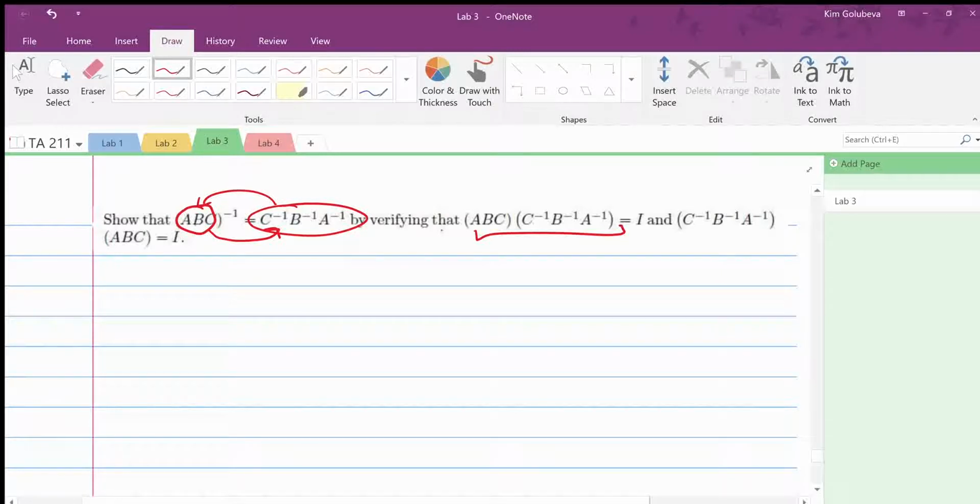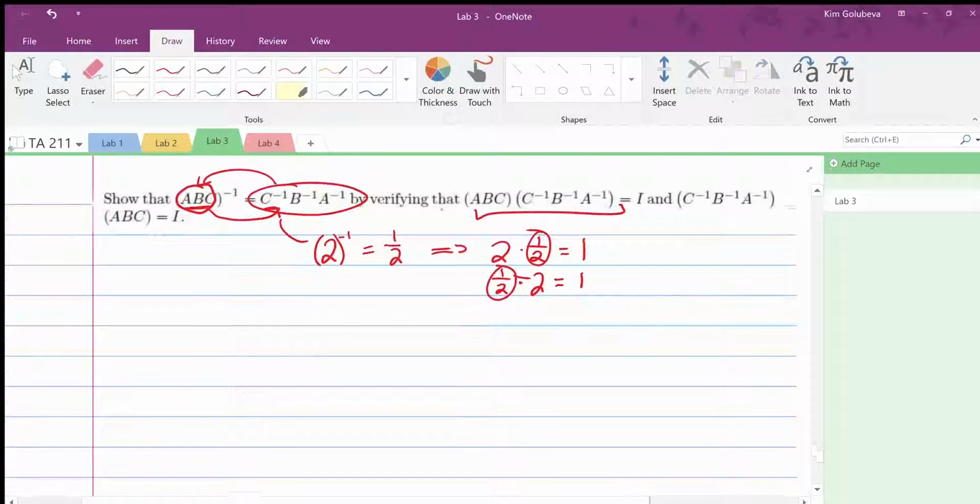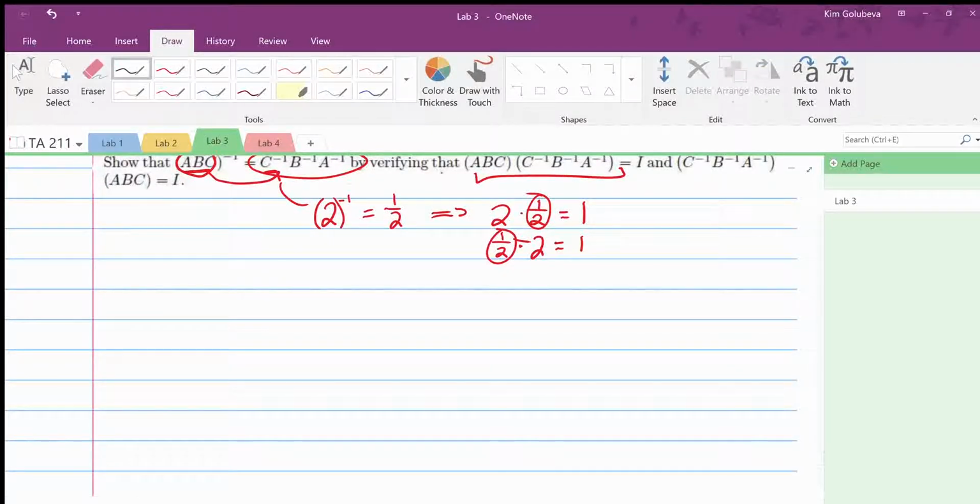So if we had 2, and we said the inverse of 2 is actually 1/2, we could just multiply those two together to get the identity, and that would prove to us that, in fact, this is the inverse of 2. That's the same thing that we did in the last questions, just a reminder.